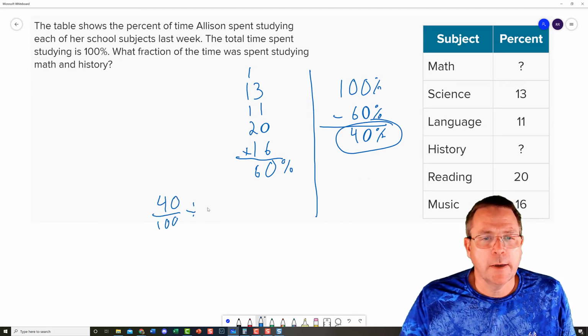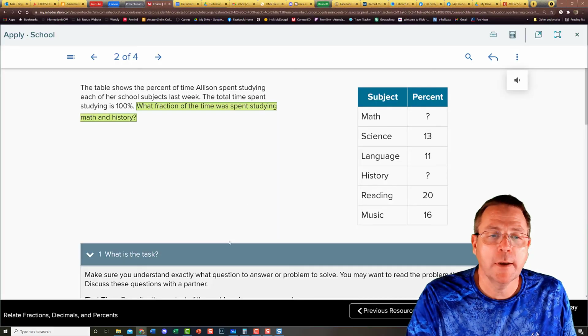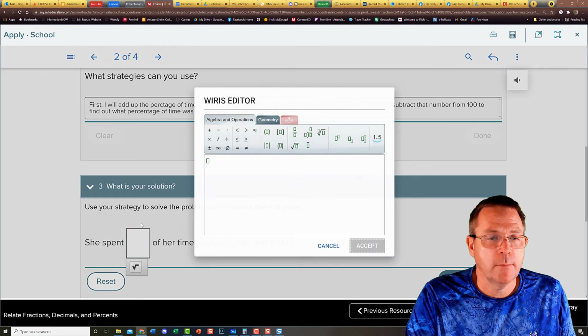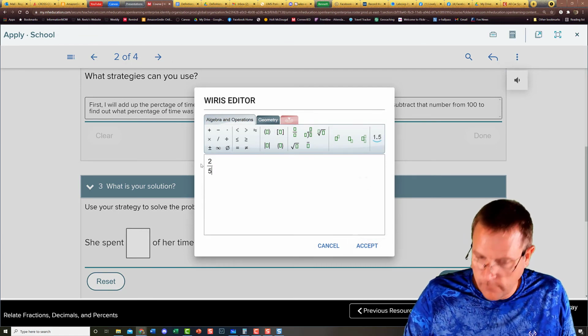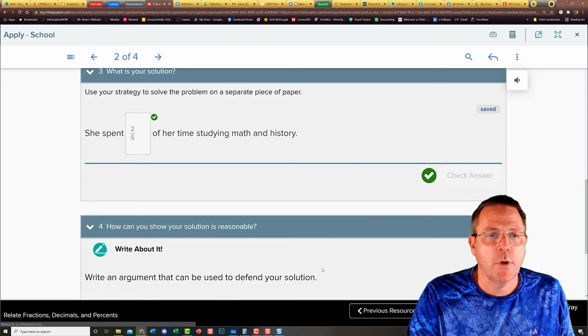I can divide top number and bottom number by 20, which is the biggest thing that will go into both of them. 20 goes into 40 2 times. 20 goes into 100 5 times, so 40% is going to equal 2/5, which we're going to put in right here. Put our fraction button, 2 over 5, accept, check our answer, and we are the winner.